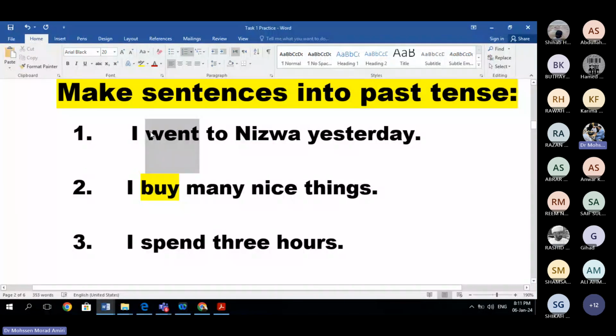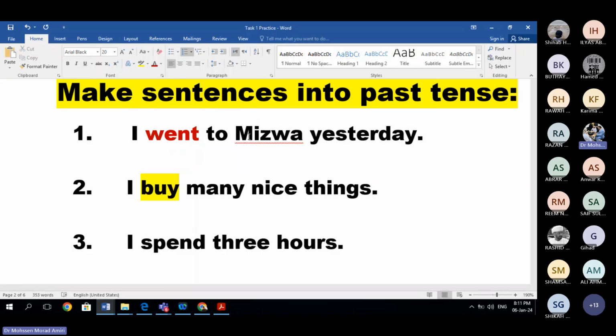Excellent. The first one, I went, that was very easy, but be careful with the spelling, everything. When you're talking about a place, make sure that you write it with a capital letter, Shabab. Okay? Nizwa, Ibri, Matrah, for example, if you want to write Matrah, M should be capital. So be careful about that. Very good. And here, this one, many students have problems.